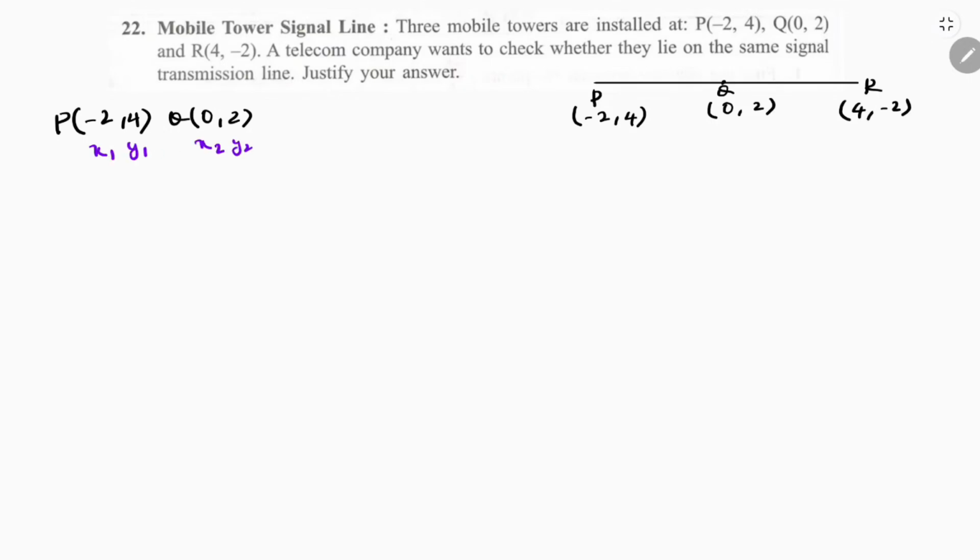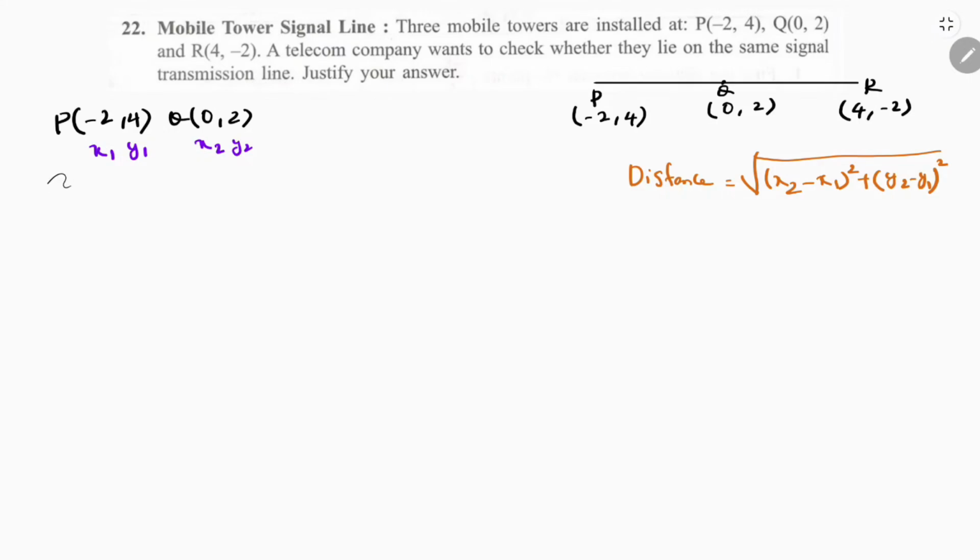(x2, y2). Now the distance formula is the square root of (x2 minus x1) whole square plus (y2 minus y1) whole square.